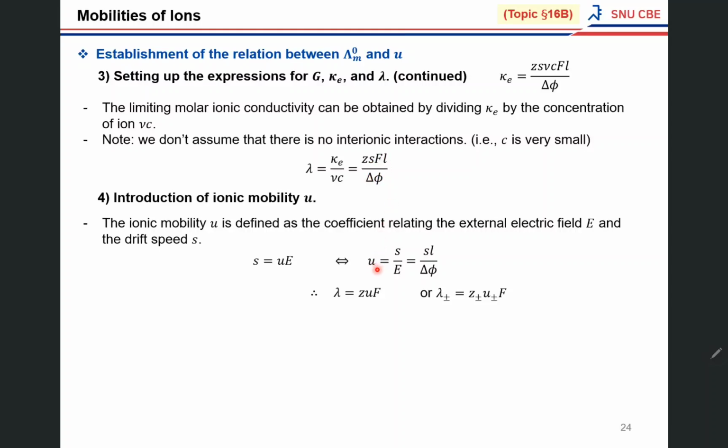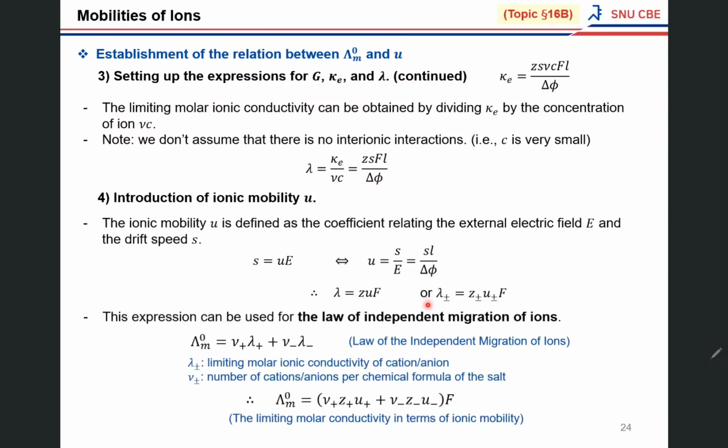As a result, you find the direct relation between the molar conductivity and the ionic mobility, small u here, which has the relation lambda equals z u large F. And this is true for the cation and anion.